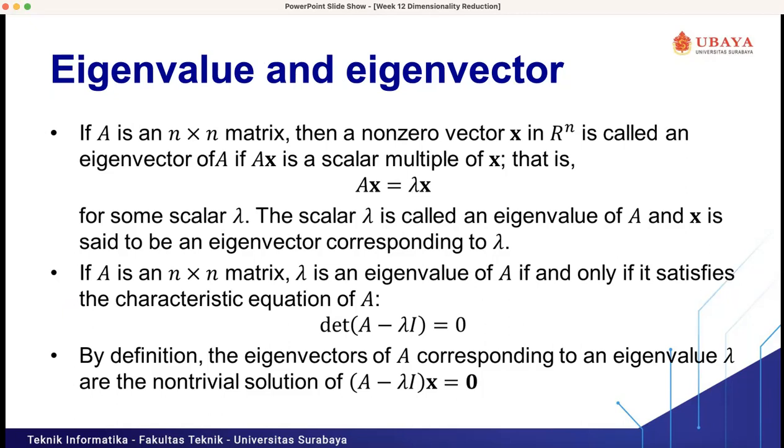Okay, then if A is an n times n matrix, lambda is an eigenvalue of A if and only if it satisfies the characteristic equation of A, which is the determinant of A minus lambda I equals 0, because x is a non-zero vector.